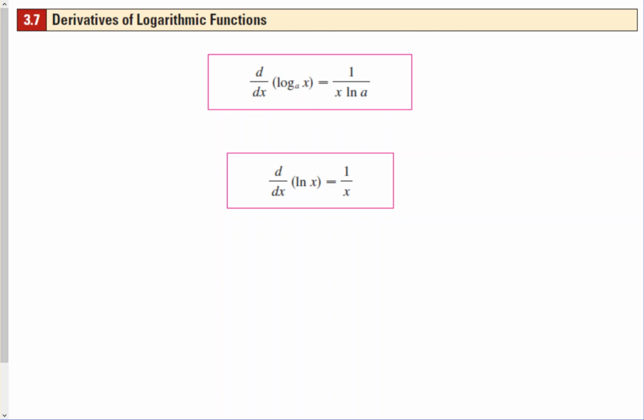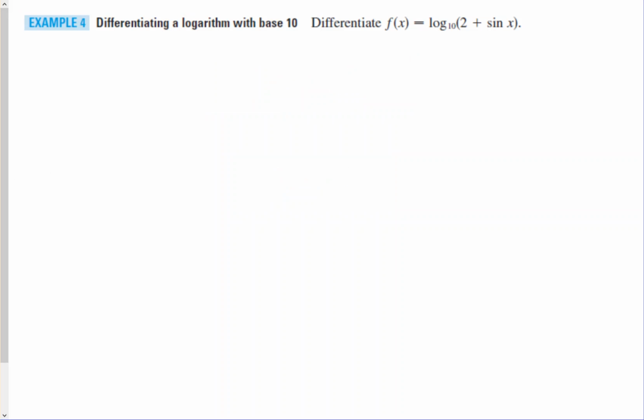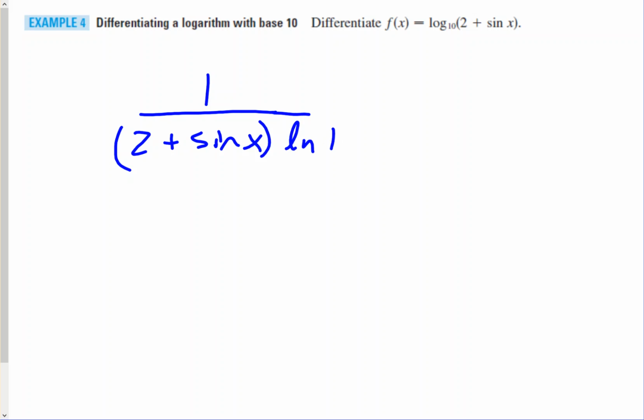So for us, we would have 1 over the argument times ln of the base. And then we would have to take the derivative of the argument.